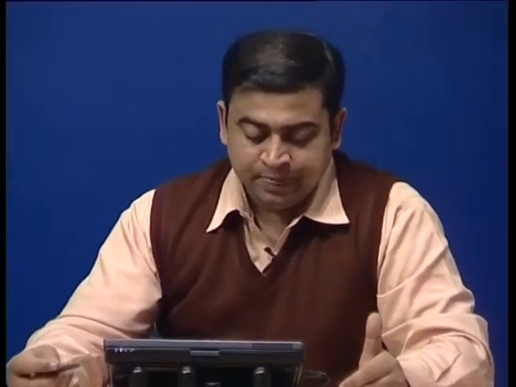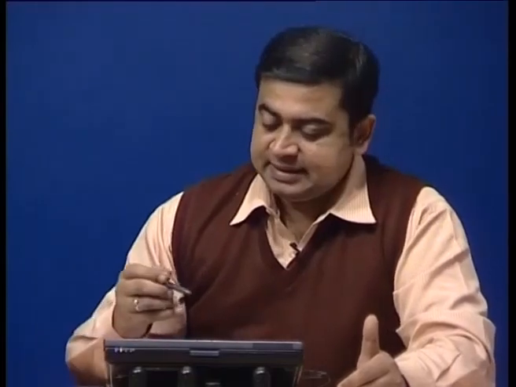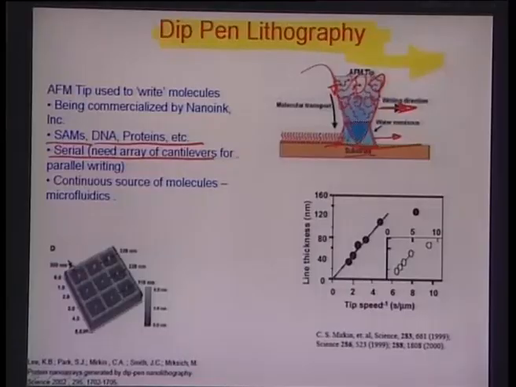So, there is an initiative where this serial process is currently being commercialized for an array of cantilevers for parallel writing. Another challenge in this kind of mechanism is how the molecules can be rapidly and continuously delivered onto the STM pen, and principles of microfluidics are off and on used for that purpose.